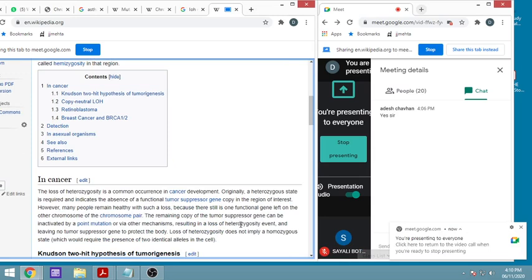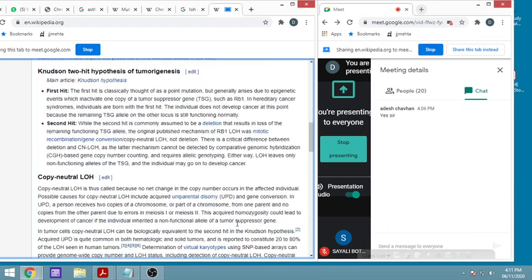In cancer particularly, it has been found that the heterozygous state is required, and in some cancers the functional tumor suppressor gene copy is absent, and since the tumor suppressor gene is not there because of the loss of heterozygosity, these people are more prone to cancer.